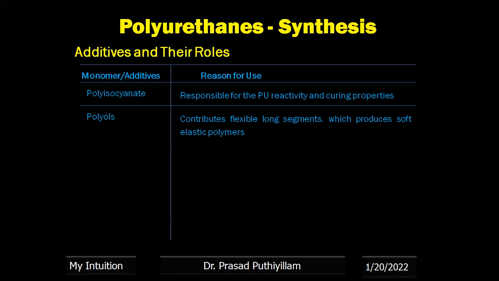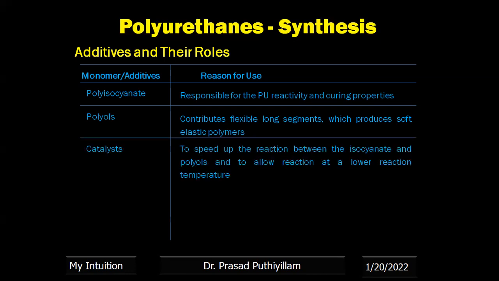We have seen that the structure of polyurethane has oxygen connected to carbons. Wherever oxygen is present, the chain is more flexible. Therefore, the polyol contributes towards the flexibility of the long segments, and the polymer becomes soft, elastic.